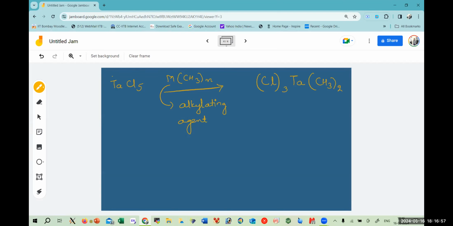Still, it maintains its +5 oxidation state. -3 is coming from the chlorines, and -2 is coming from the 2 methyl groups.